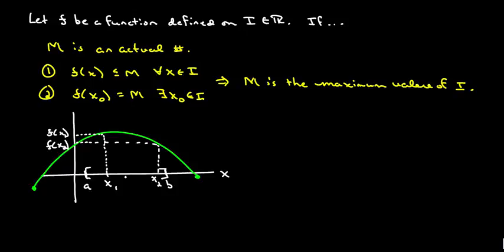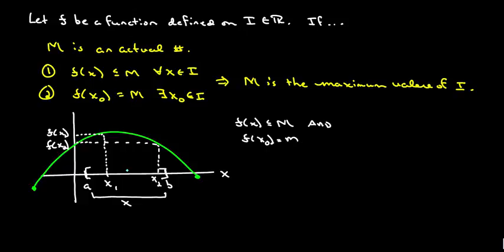Now, if it's the case that no matter which x value I plug in on this interval, all the function values f of x are less than or equal to some real number M, for every single point on there, and it's also the case that there exists an x naught on there whose height value is equal to M, then M is the maximum.